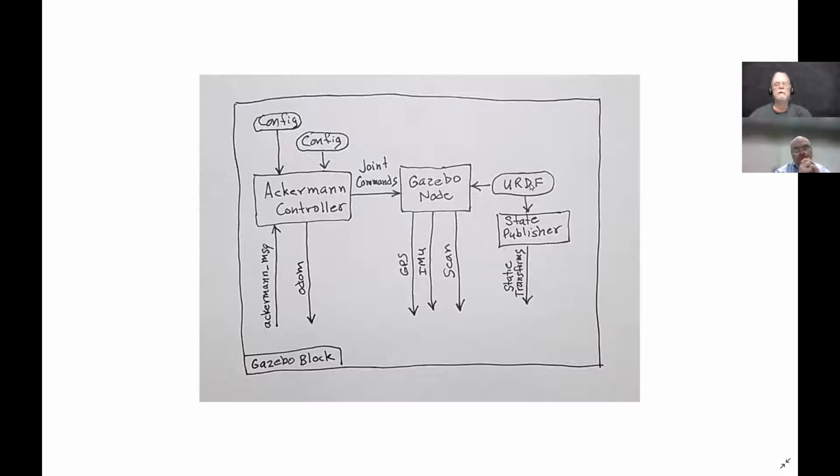Now, the other thing the URDF file is used for, like when you run a physical vehicle, and like Al is doing, he just specifies his GPS and his IMU and a couple of other sensors that are on there. And then he tells it where those are located on the vehicle in relationship to BaseLink. So when you do that, you run the robot state publisher program. It reads out the values from the URDF file and then publishes your transforms.